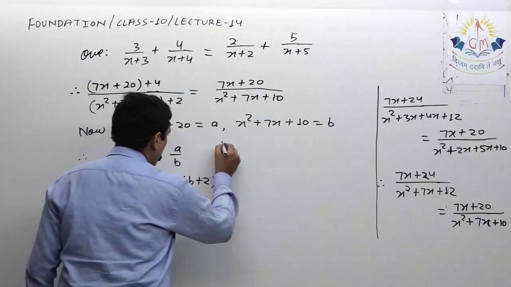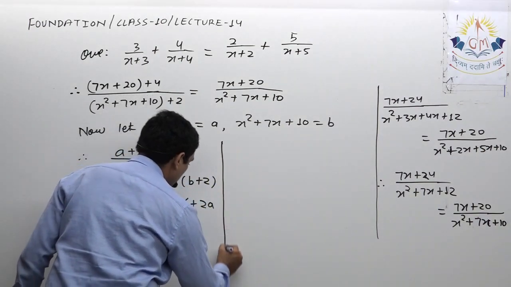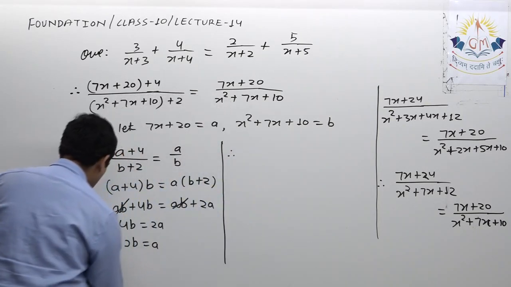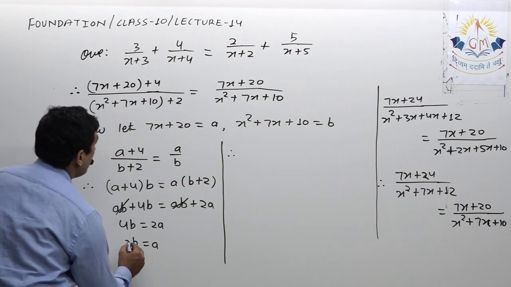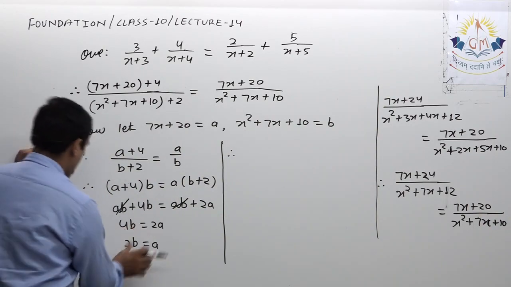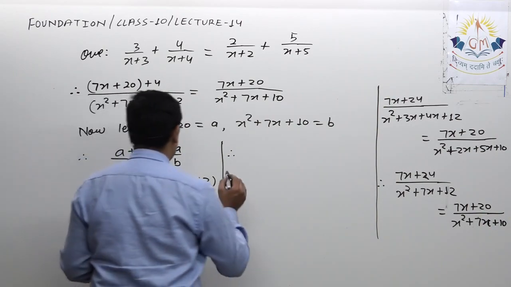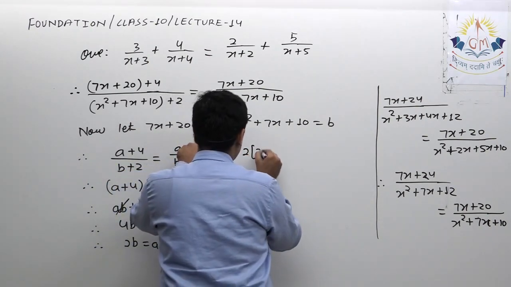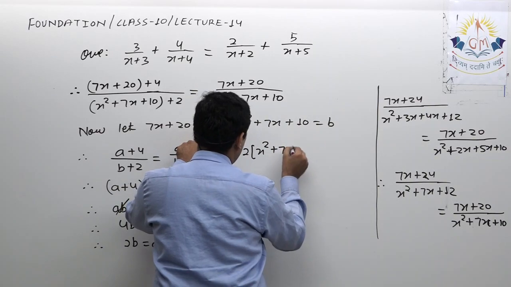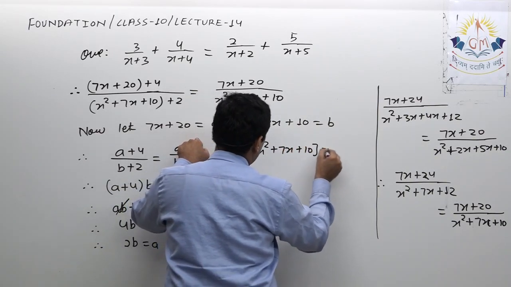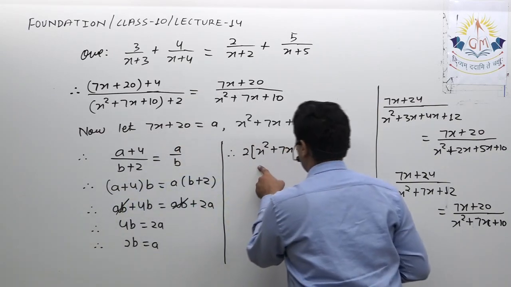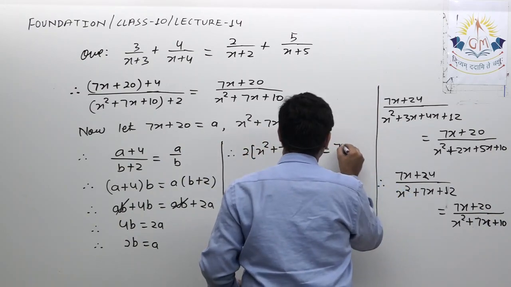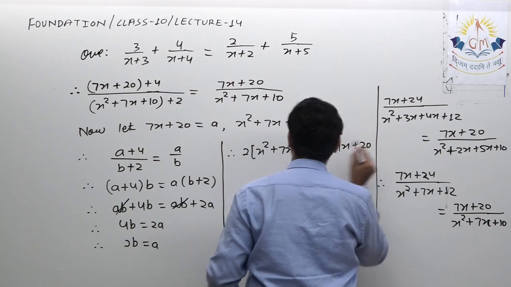Now I will put the values of a and b to solve it further. Therefore a is equal to 2b, that is twice of b, and b is x square plus 7x plus 10, isn't it? So 2 times (x square plus 7x plus 10) is equal to a, that is 7x plus 20.